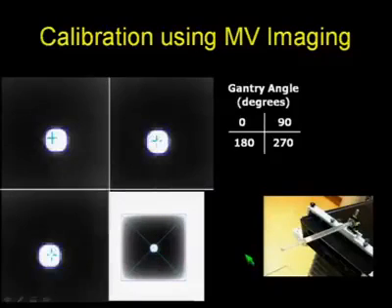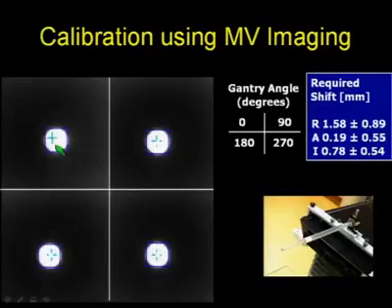This shows a close-up of how the ball bearing is mispositioned with respect to the field edges and returns to the user how much motion is required in order to move the ball bearing exactly to the isocenter. And this is greatly facilitated by the use of 3 micrometer stages to which the ball bearing is attached.